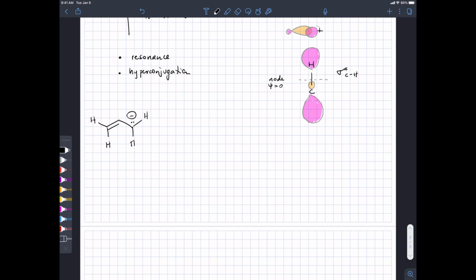And we can label carbons 1, 2, and 3. But we would use this double-headed arrow to indicate that we can draw another resonance structure in which the pi bond is between 2 and 3, and the negative charge is on carbon 1.